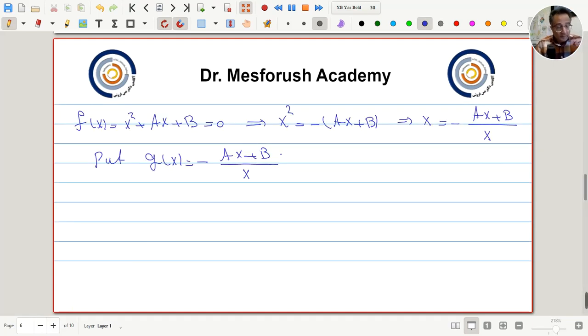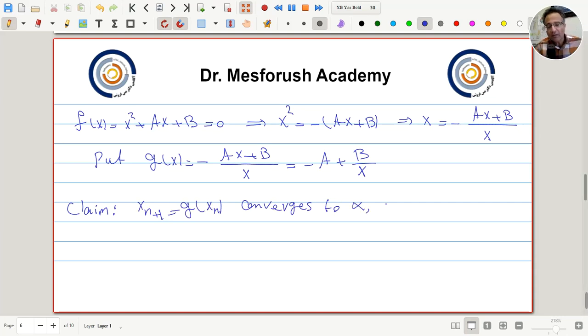Okay, and this will be minus a plus b over x. Now, we claim, what we claim? We claim x_{n+1} equal to g of x_n converges to alpha, which is a fixed point of g of x.